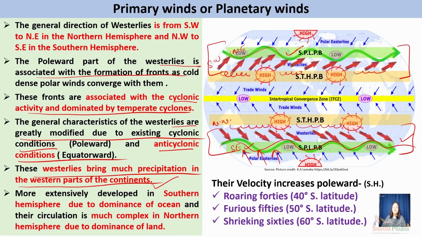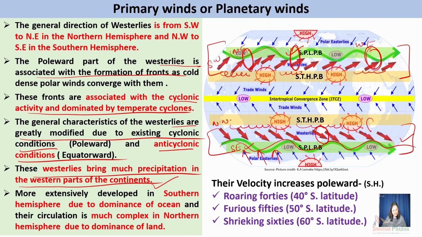Contrary to the trade winds, which were blowing from east to west, therefore the maximum precipitation was along the eastern margins of the continent, the westerlies generally blow from west to east. Therefore, maximum precipitation is received along the western margins of the continent in these areas of the world.